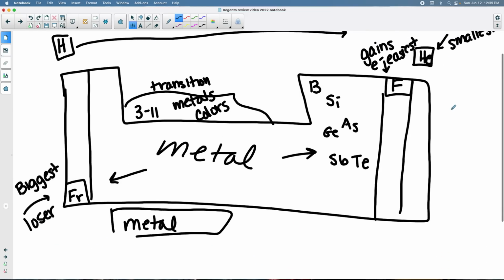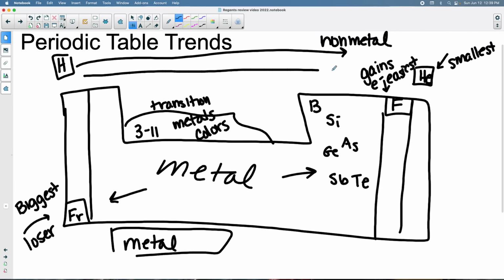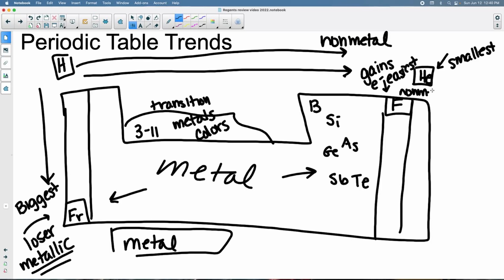If we're looking at our trends, again, electronegativity and ionization energy increase towards helium and fluorine. Radius increases towards francium. And francium is the most metallic. So down and to the left is more metallic. Fluorine is the most non-metallic. So most non-metallic is up and right.